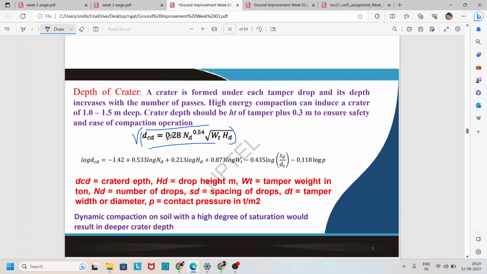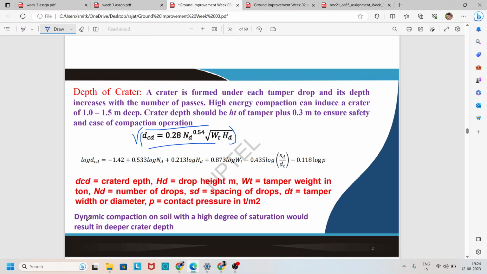The depth of the crater is equal to 0.28 into the number of drops to the power 0.54, times the square root of the applied energy. The applied energy is the weight of the temper times the drop height of the hammer.